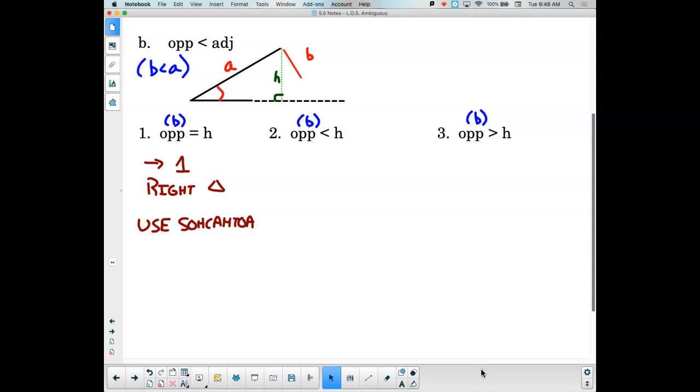None. Because I can swing this through here and it never touches that side. So I get no triangles formed here and I can't solve.